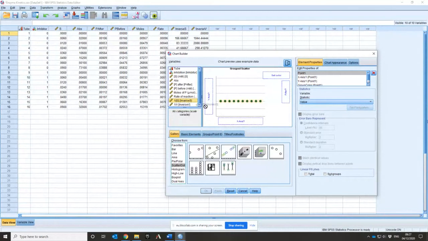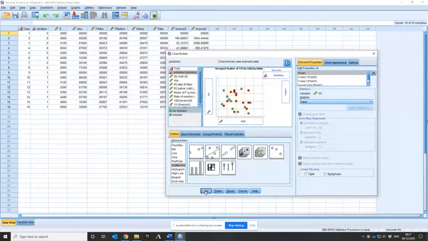So the 1/substrate, that's your independent variable, your explanatory variable. As I change the substrate amount, it changed the, yes, so 1/v is the dependent. That goes on the x-axis, and I'm going to set my color based on inhibitor.